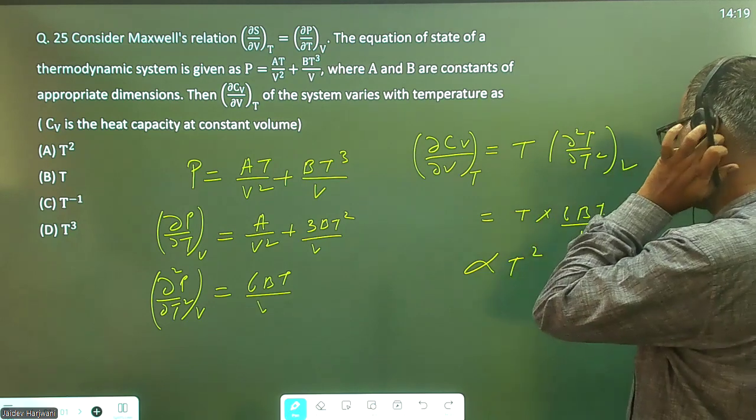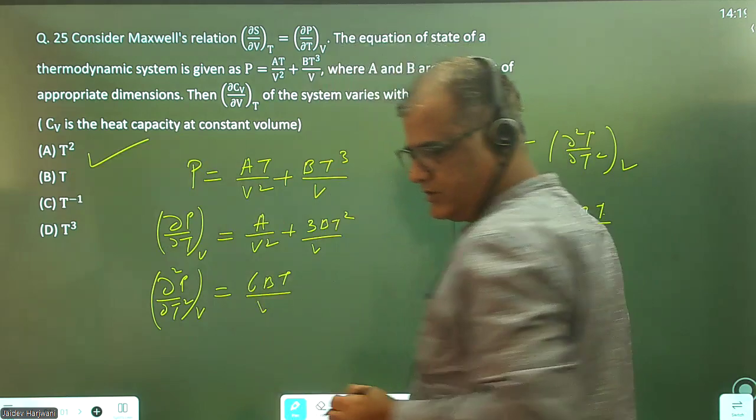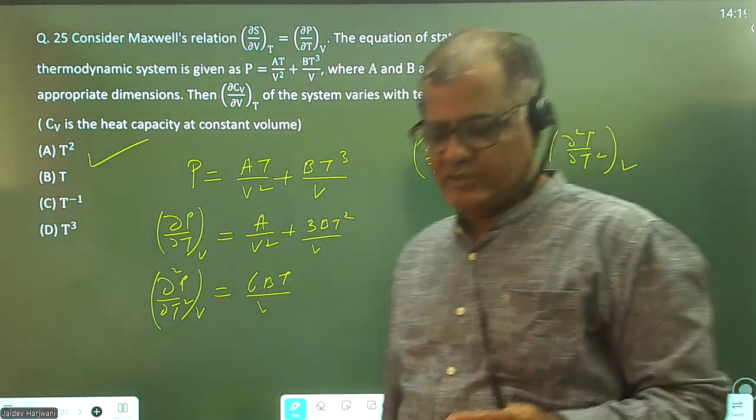It varies as T squared. So option A is the correct answer for this question. Hope you like the solution. Thank you very much.